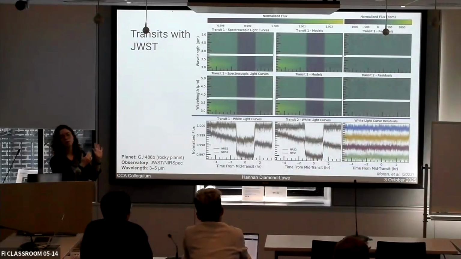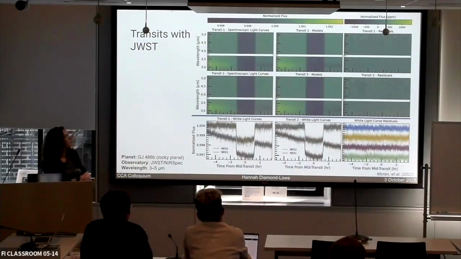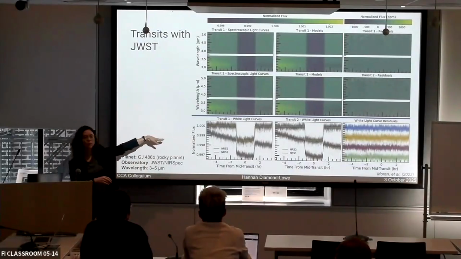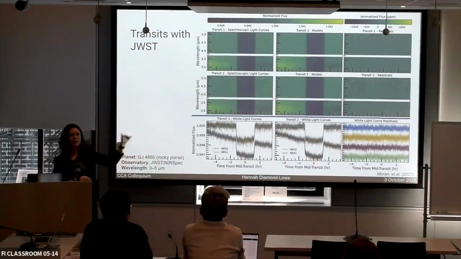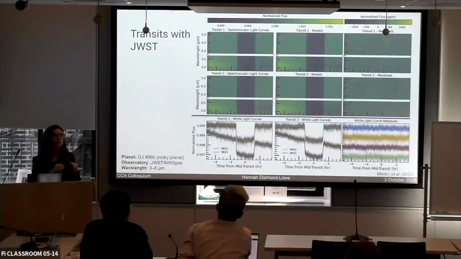Pre-JWST, looking at figures like this, you would never show an unbinned version of it. You would certainly never show the smeared out version where you have time on the x-axis and wavelength on the y, and that blue band in the middle is the planet transit. So the stability and the precision is transformative.